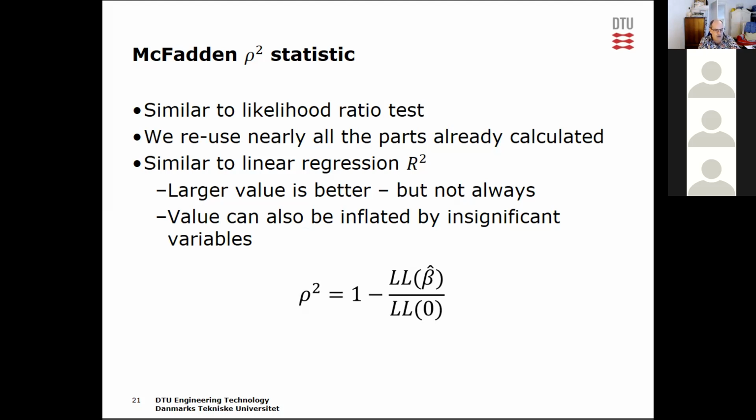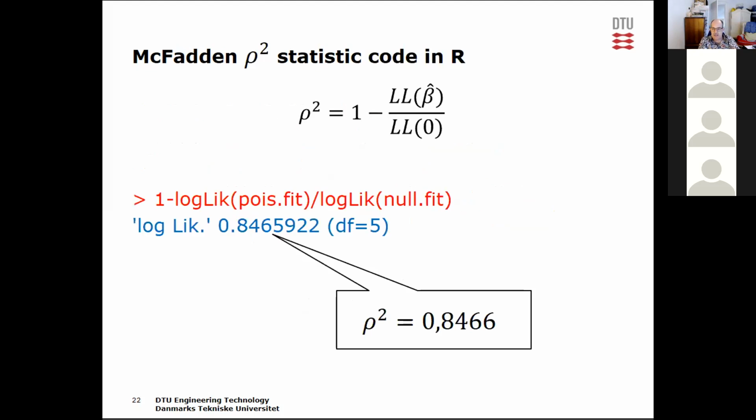Then you just type it on the keyboard, run that little equation, and there you go. We have a McFadden statistic of 0.85.